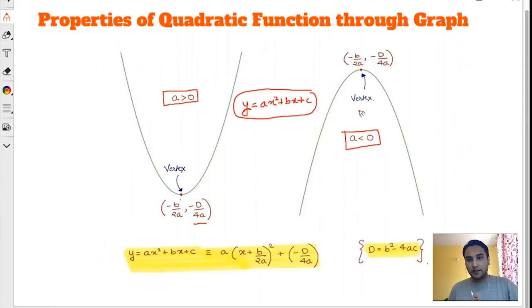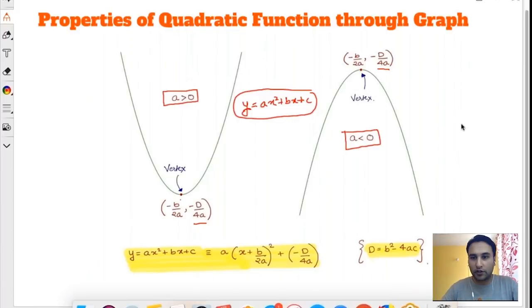Similarly, if A is negative, then the maximum value of this expression can be minus d by 4a. This is the maximum point if the graph is like this. This is the minimum point if the graph is like this. Okay? So we will use this concept a lot going ahead.